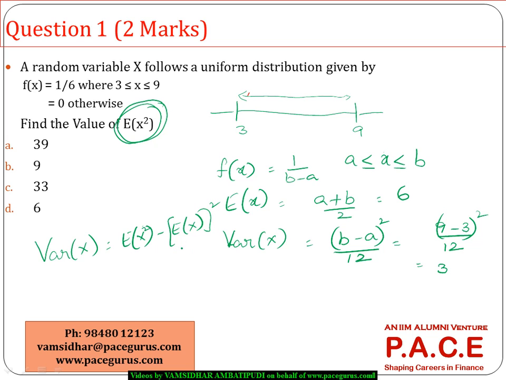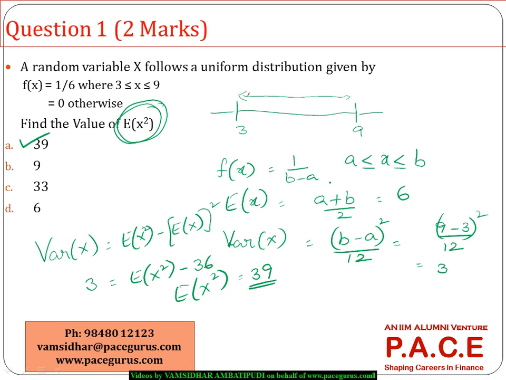Variance of x is 3, expectation of x squared is what I have to find out, minus 6 squared, 36. So expectation of x squared works out to 39, and that's how I am marking the option choice as A.